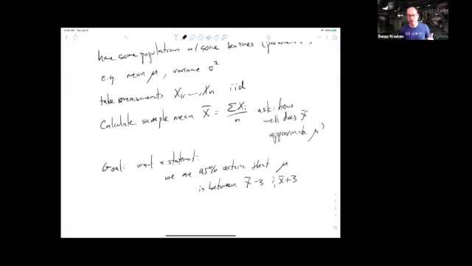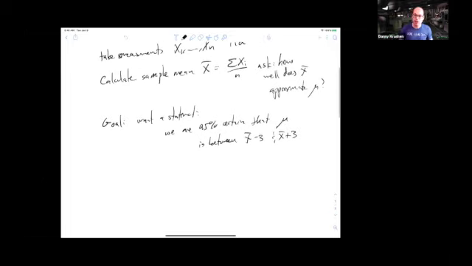That would be a great kind of statement to be able to make. In terms of probability, we might say the probability that the random variable x bar minus 3 is less than or equal to mu is less than or equal to the random variable x bar plus 3 is 95%, 0.95.